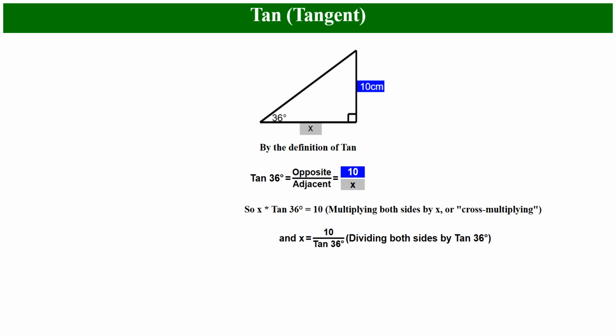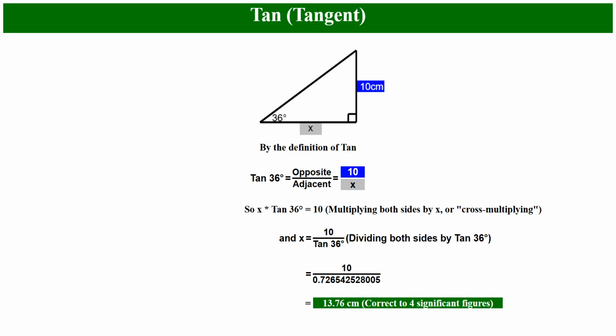And so we get this, x equals 10 over tan 36 degrees. And we can look up tan of 36 degrees on a calculator, and we get this next line. And doing that division, again on a calculator, we find that x is equal to 13.76 centimeters, correct to four significant figures.